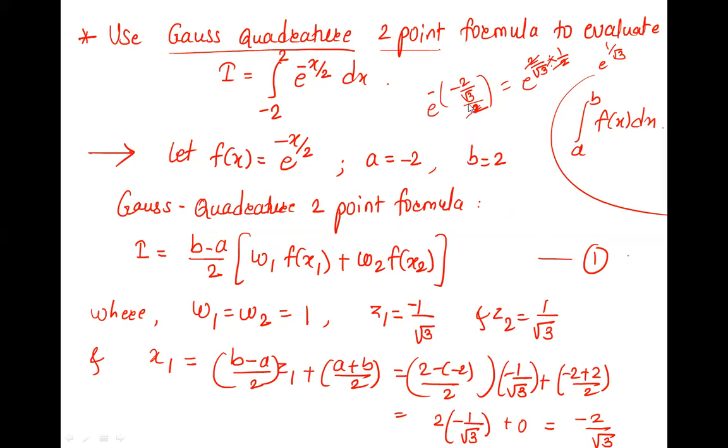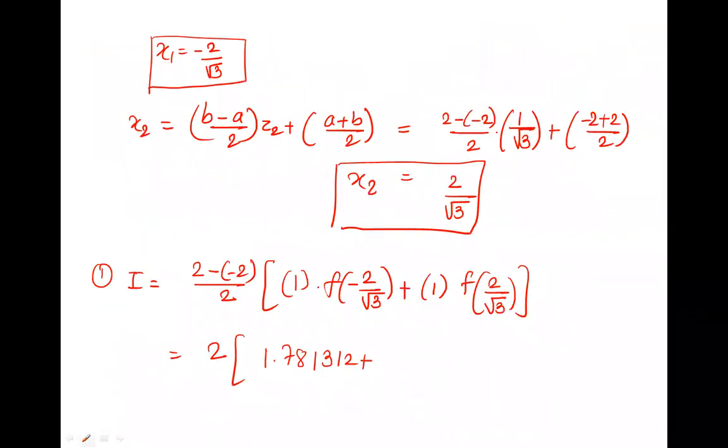Okay, 2 by root 3 by 2, again 2 will cancel. That is minus 1 by root 3, e raised to minus 1 by square root 3, bracket complete. 0.5613. Everyone is getting the same? Tell me again. 0.5613, two more digits, 83.